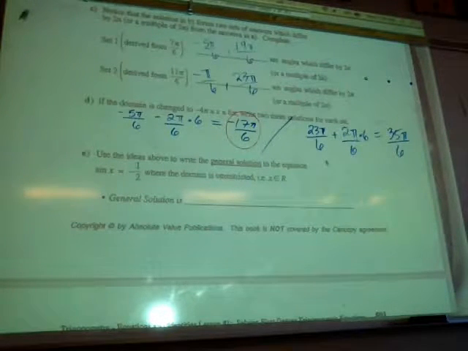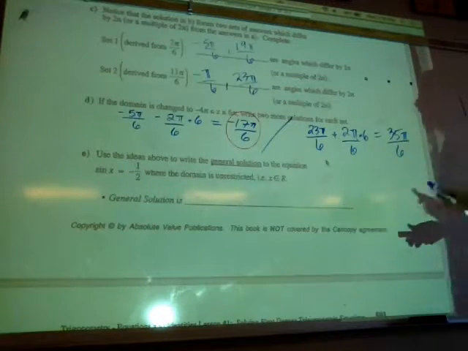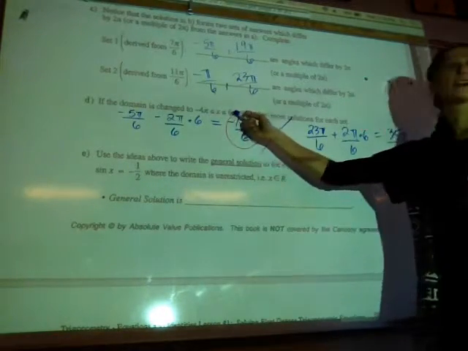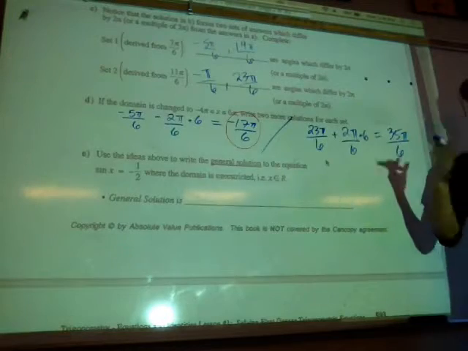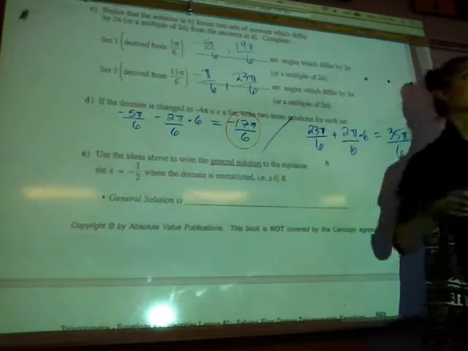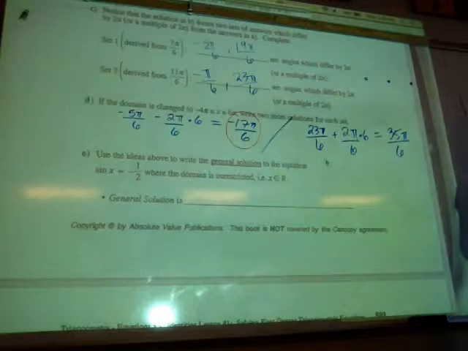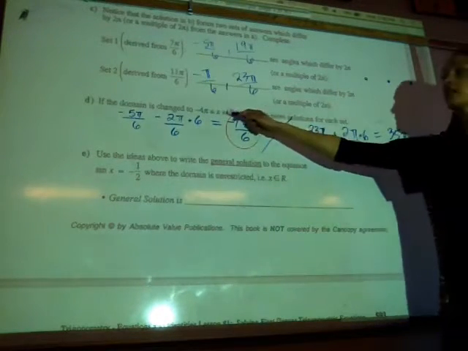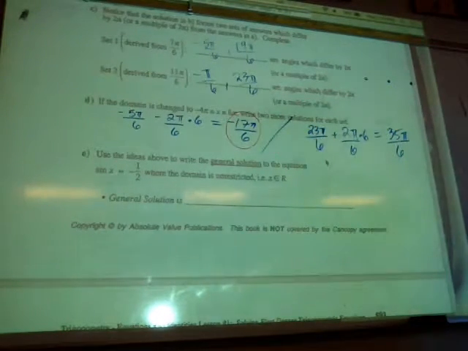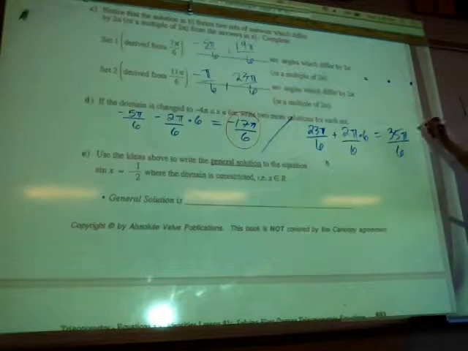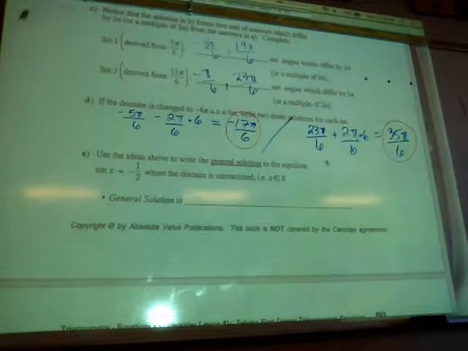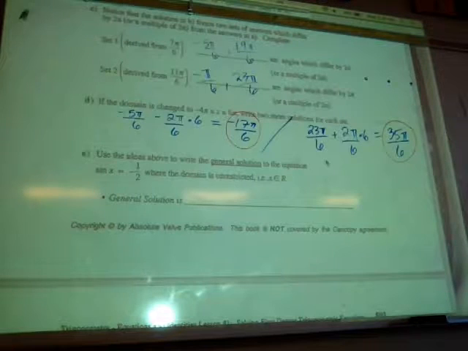So you get 5.83333 repeated, basically. Okay, that fits within the domain, before 6 pi. If I added 2 more pi, I'd definitely be out of it, because 5.83 repeated is pretty darn close to 6. So I know this would be where I'd stop. Okay, so these are 2 more solutions. Good stuff.